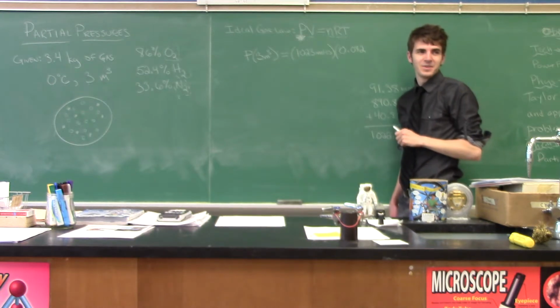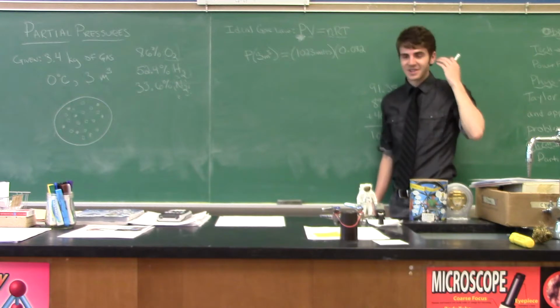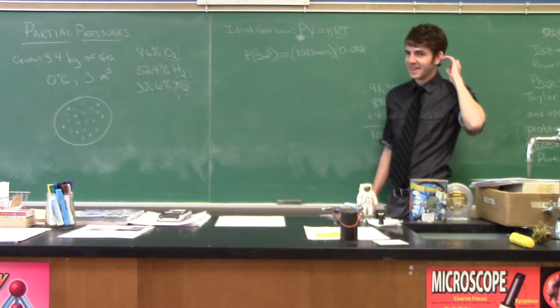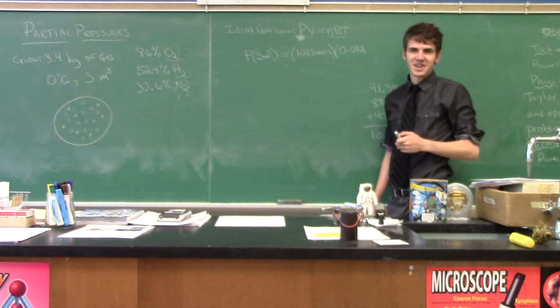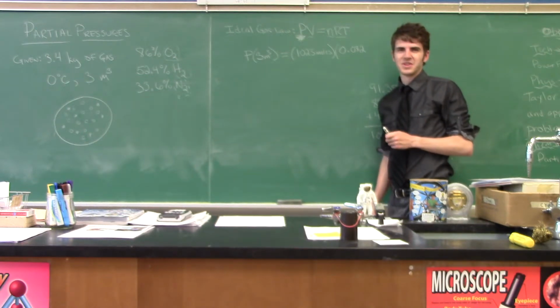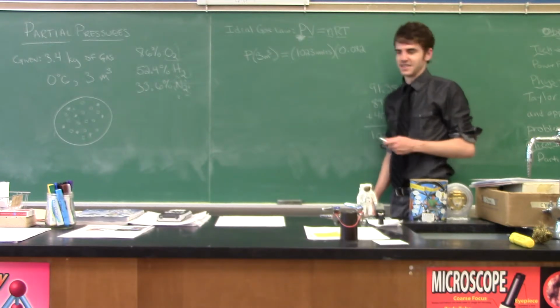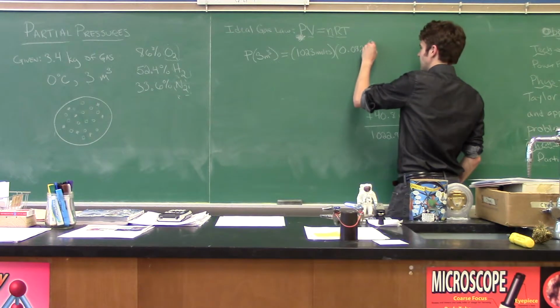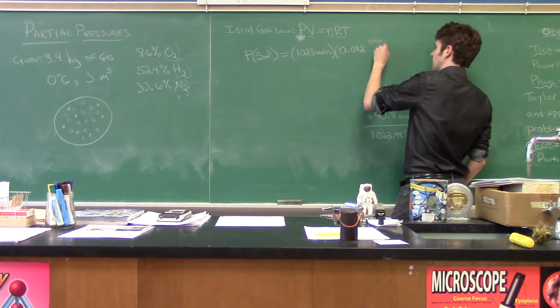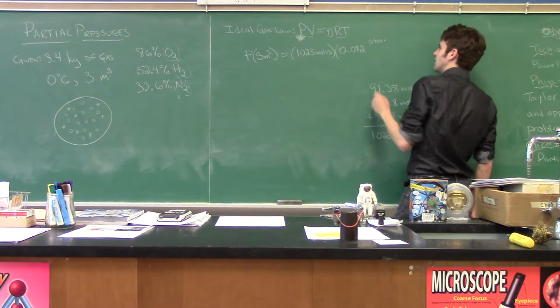Meters cubed times atmosphere. What are our units? We'll see if we need to fix anything. Atmosphere times... well, are we using cubic meters in this one and not liters?